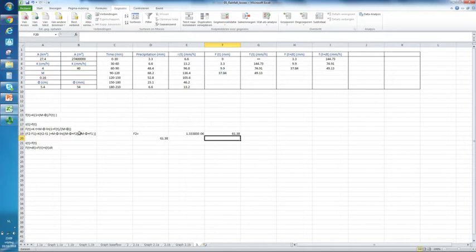If we fill in the F2 value here, 61.38, we also get by calculating the total equation 61.38. So 61.38. Let's drag this, and then we get an infiltration capacity of 45.63.